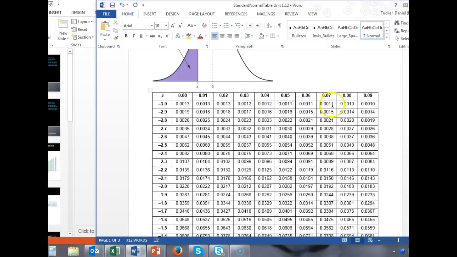The top bar is the hundredths place in the z-score. So z-scores can be decimals. We have z-scores from -3 counting by tenths, and going across the columns represent hundredths of z-scores.